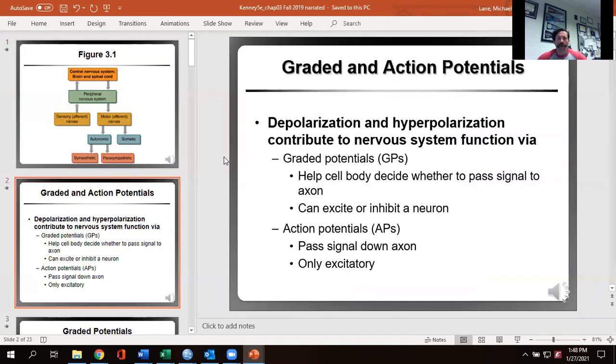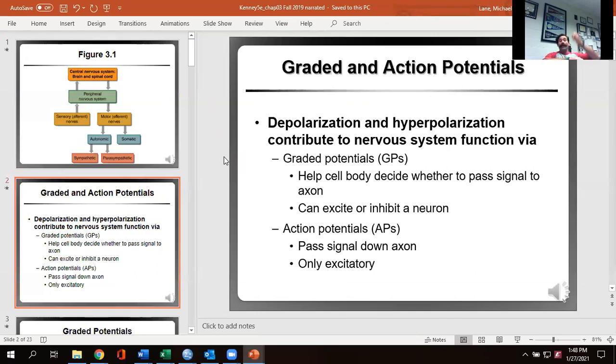Now, in order for any signal to go through, first we're going to have what's known as graded potential. This gives us a little bit of information on whether or not we want a full action potential. They can be excitatory or inhibitory. For example, if I just tap on the back of my forearm with my pen, I've got the touch receptors, but the pain receptors aren't turned on because I'm not hitting myself hard enough.